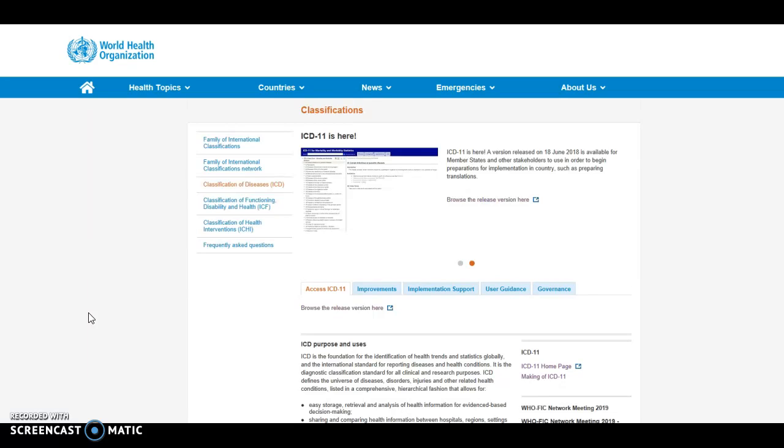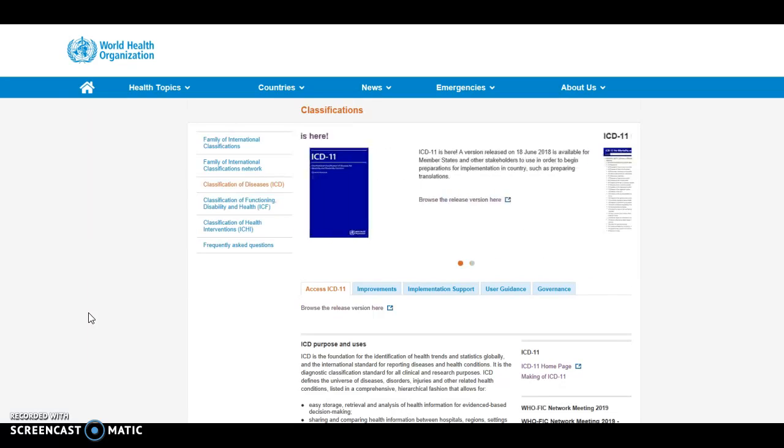However, worldwide, clinicians use the International Classification of Diseases, a manual that comprises both mental health and physical health conditions. This manual is published by the World Health Organization. It's promulgated free of charge.